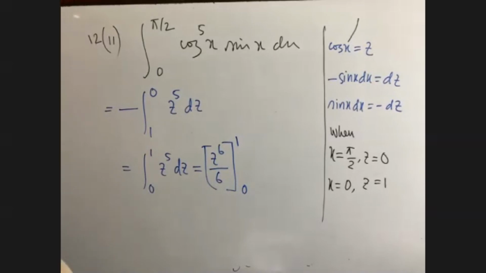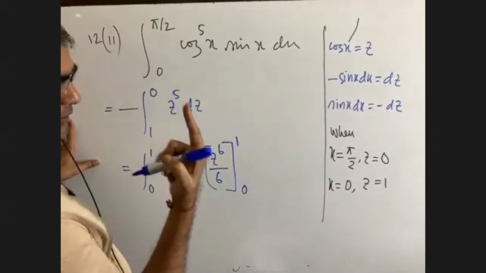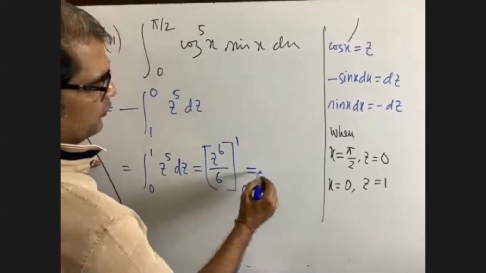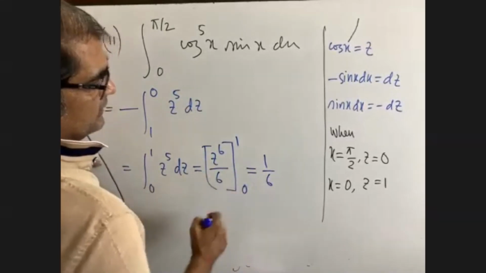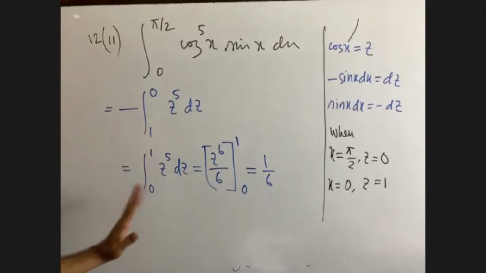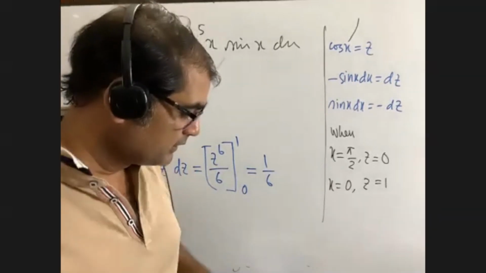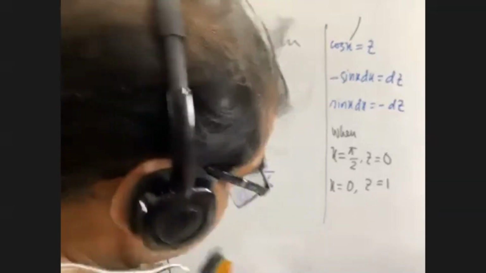That means if Z is 1, 1 to the power 6 is 1. So we are actually getting only 1 by 6 because with 0, everything is 0. Is it okay? Yes, sir. Okay.